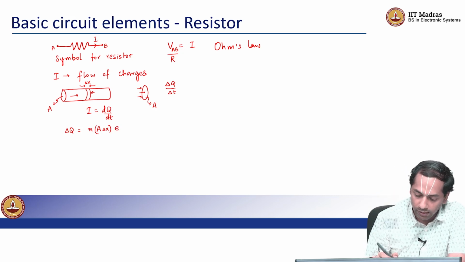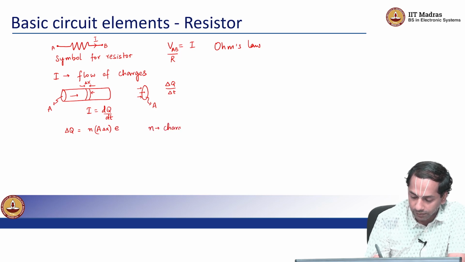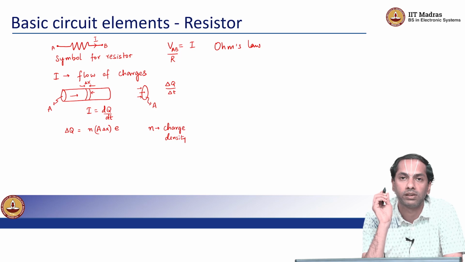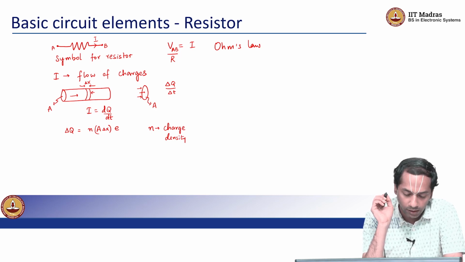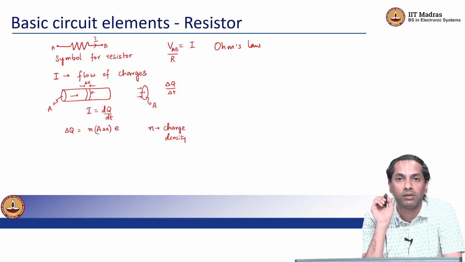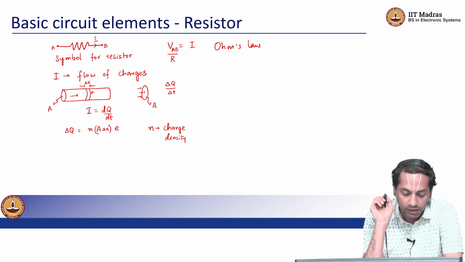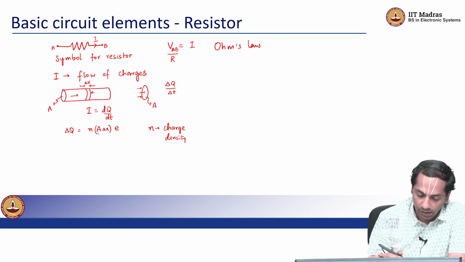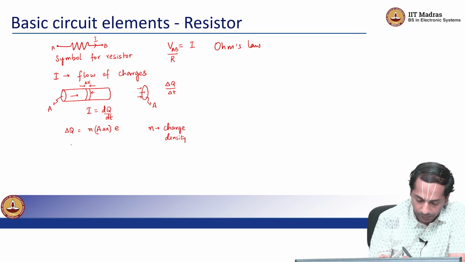So, n here is the charge density, not the number of electrons, but the number of electrons per unit volume. So, the charge density small n multiplied by the volume and then multiplied further by the unit charge gives us the net charge that is moving in a time delta t.